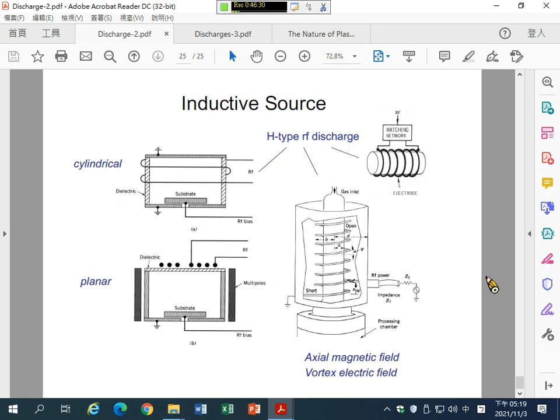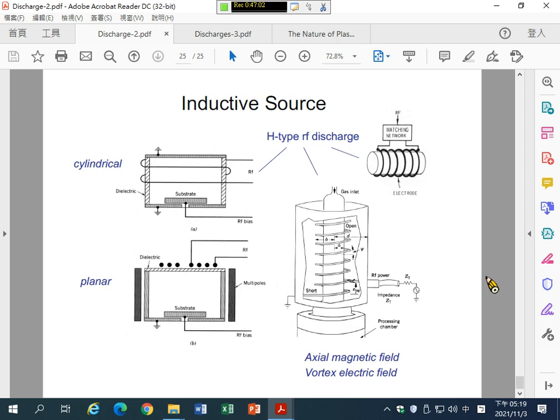And the bottom left figure is another type of inductive discharge. In this case, you make a coil on top of the glass or quartz plate, and pass the RF power through it, so that the H field will be generated and then penetrate through the quartz plate.